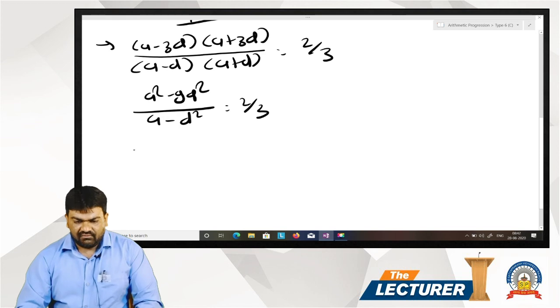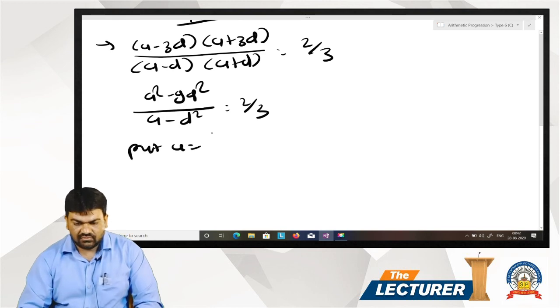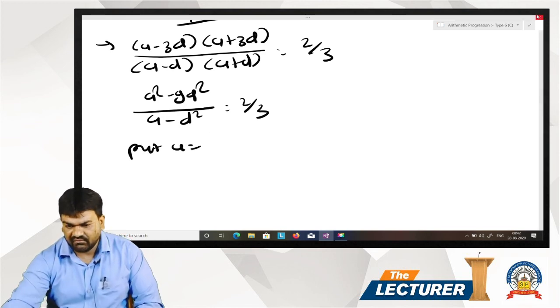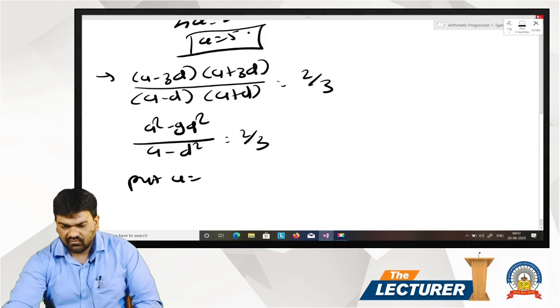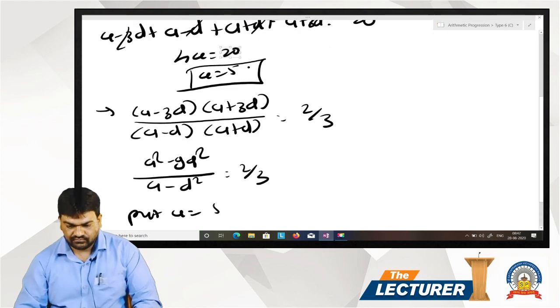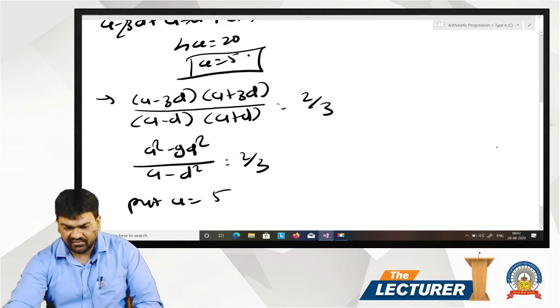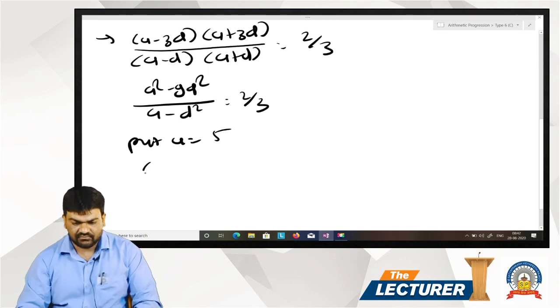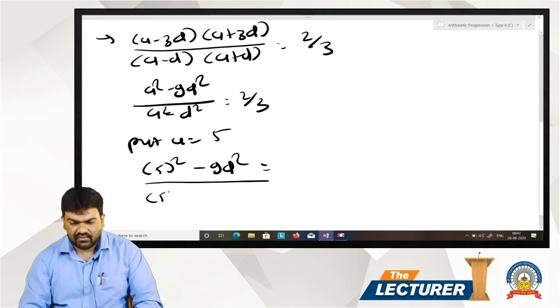Put a is equal to 5, we have got a is equal to 5. Now put a is equal to 5. 5 square minus 9d square divided by 5 square minus d square is equal to 2/3.